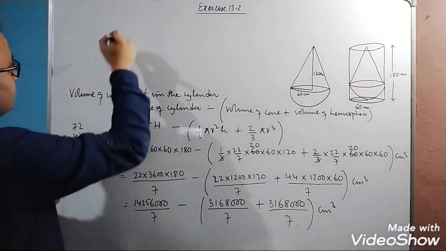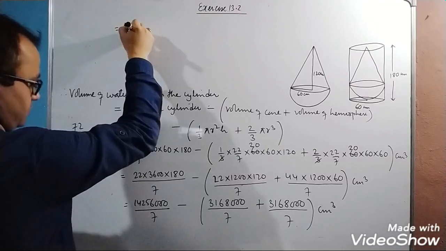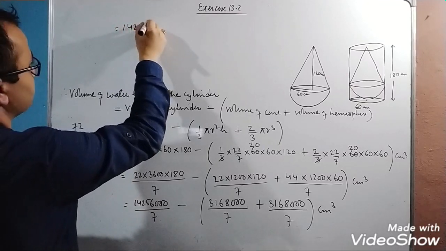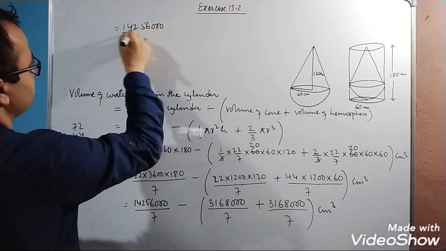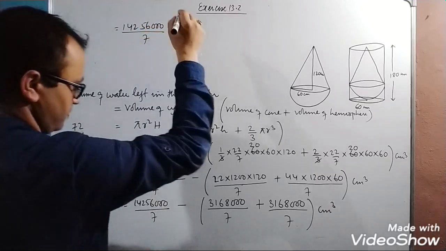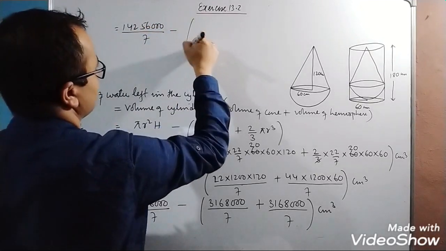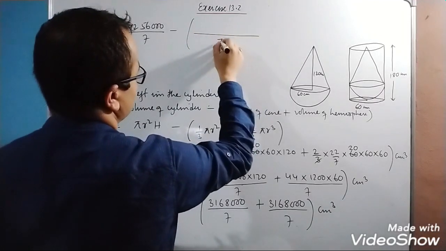Now LCM, it is 14256 divided by 7 minus, now inside the bracket 7 is the LCM.